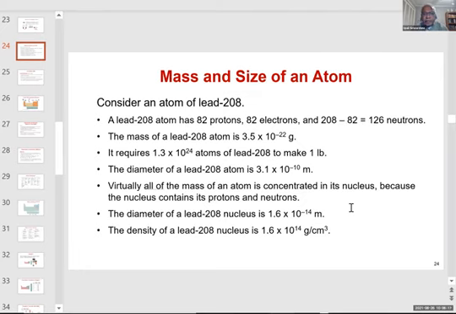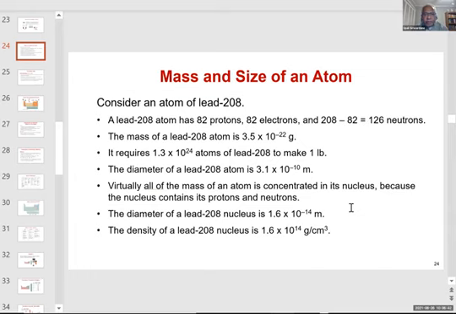So you can get the number of neutrons, protons, and electrons from the name, such as carbon 12 or lead 208, or from the atomic symbol of the isotope.